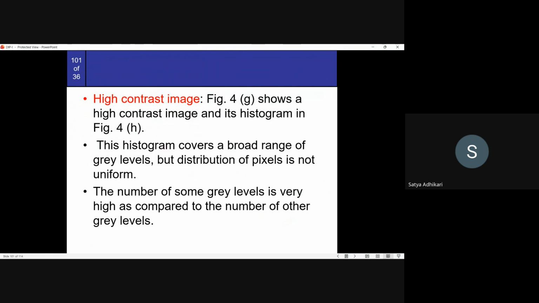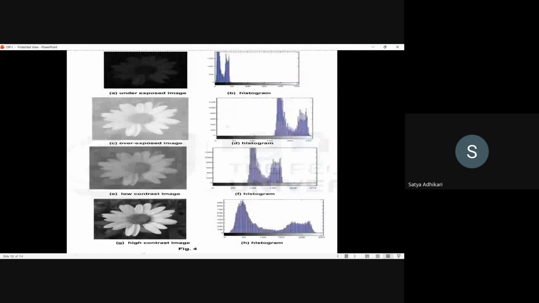That is, it is neither only in 0 to 50, nor only greater than 150, nor only in the middle, but it covers a wide range of gray level values. You see here, the number of some gray levels is very high compared to the number of other gray levels. You see here, the last one.